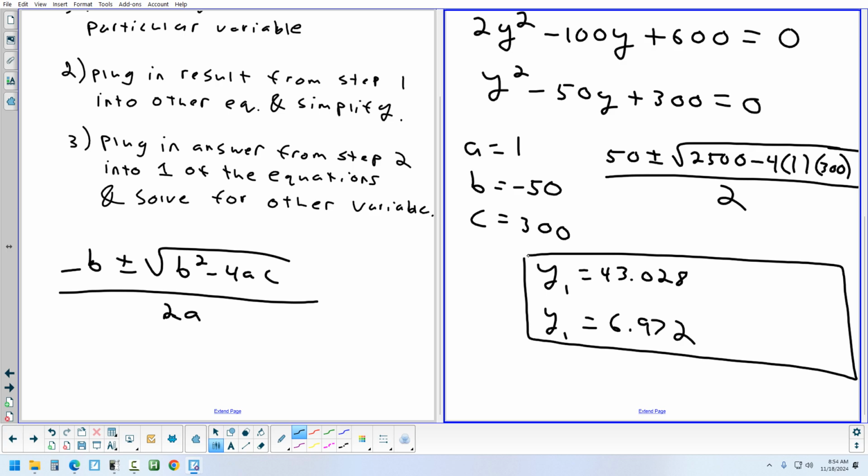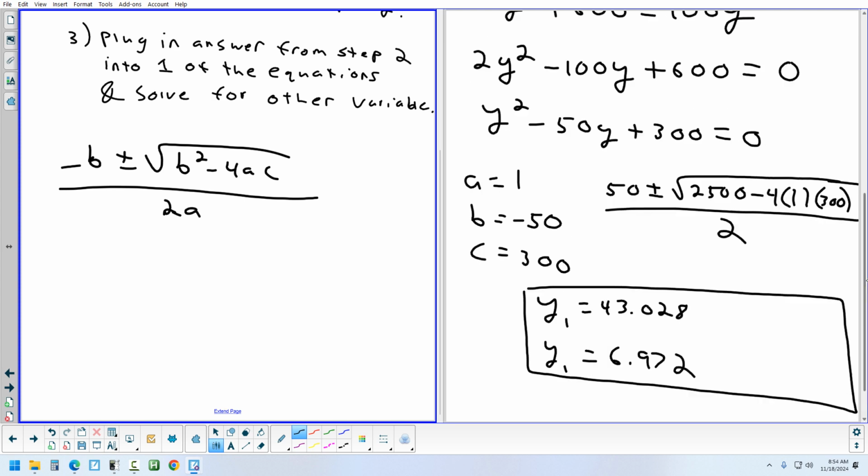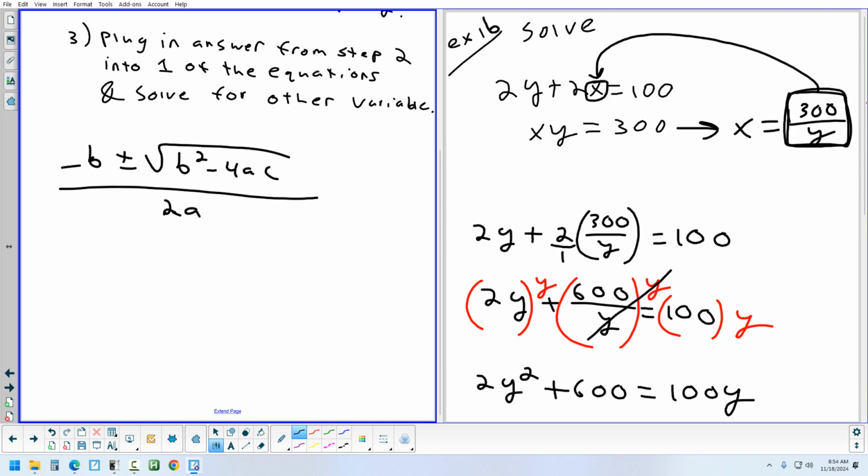All right. Now, what else do we need to find when we are solving a system? What is it? Yeah, we still need the x value. But once we have the y, then the x is easy.